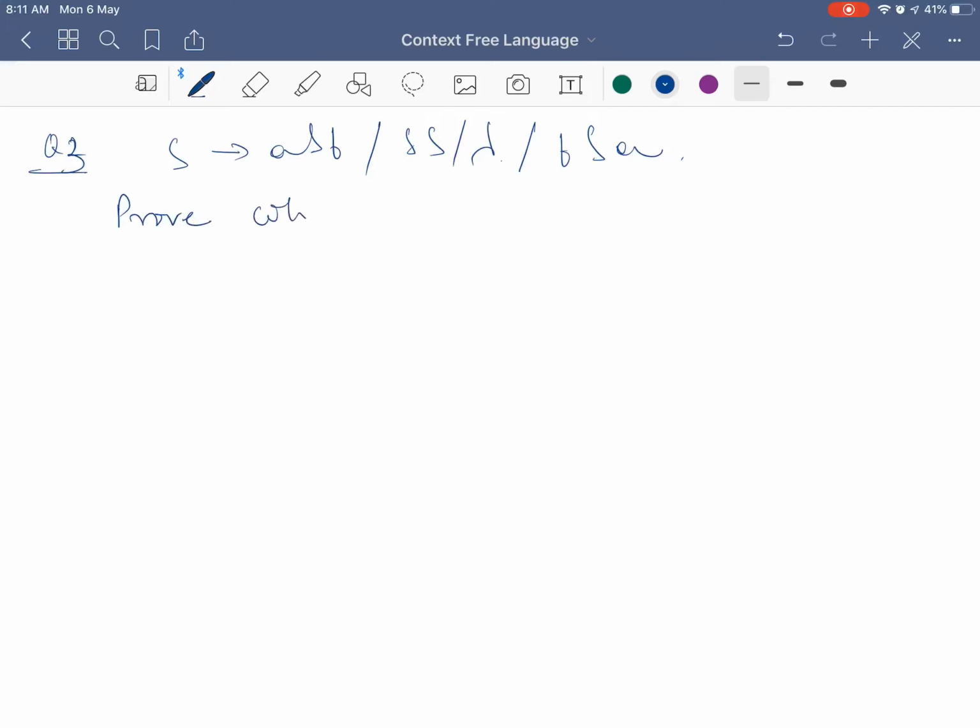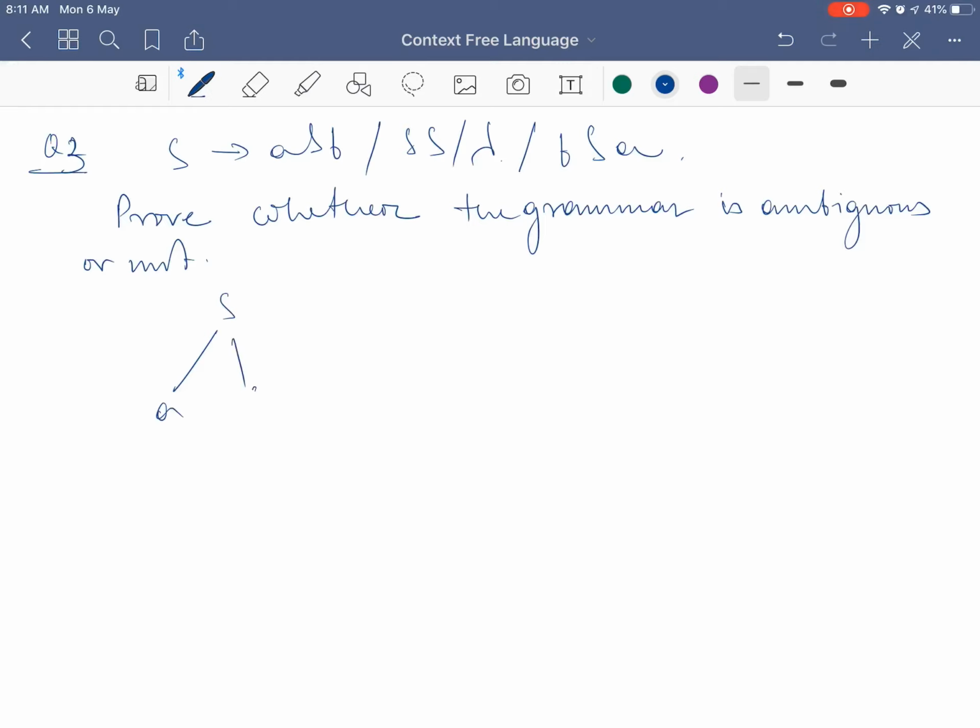Prove whether the grammar is ambiguous or not.